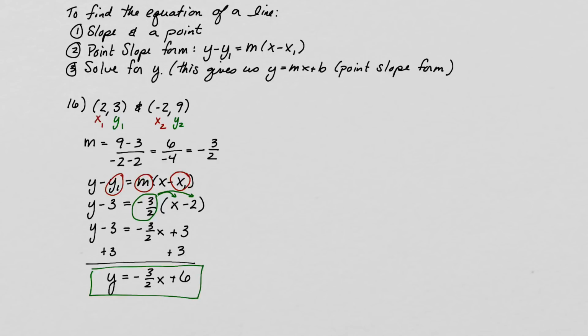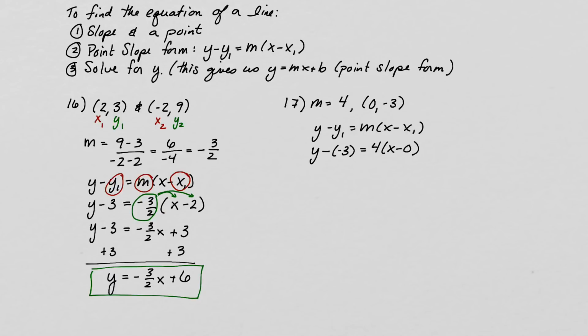So we're going to do the same thing with a couple more. Number 17 is pretty nice. In this one, they actually gave us the slope, so m equals 4, and they give us the point 0, -3. So again, I'm going to plug right into y minus y1 equals m times x minus x1. If I do that, y minus -3 is going to be 4 times x minus 0.